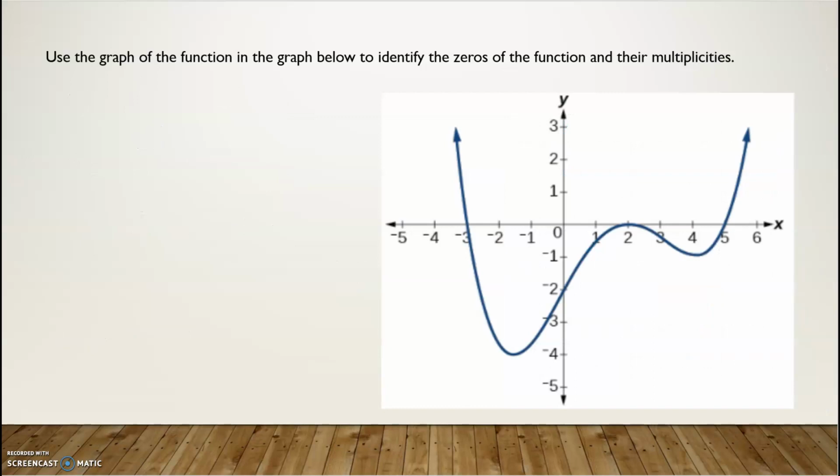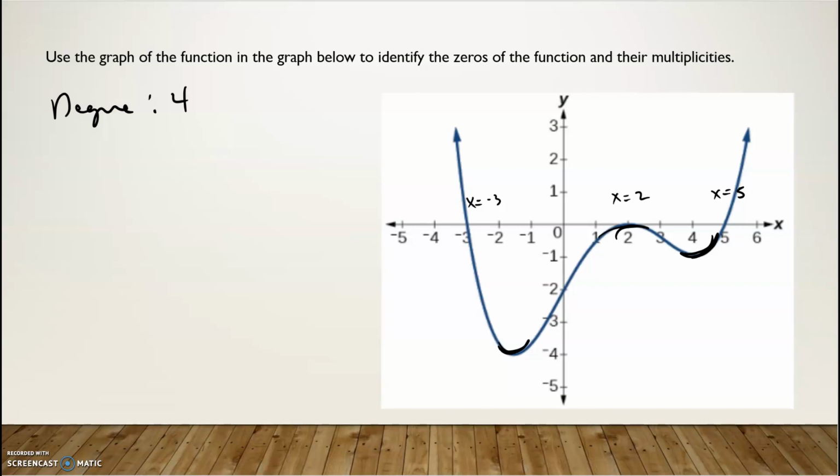All right, same thing. Let's figure out the x-intercepts. So we've got x equals -3, x equals 2, and x equals 5. Okay, I'm going to count the turning points. So I've got 1, 2, 3 turning points. So my degree has got to be 4. 1, 2, 3.